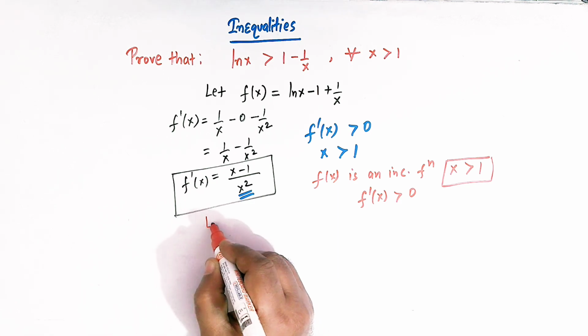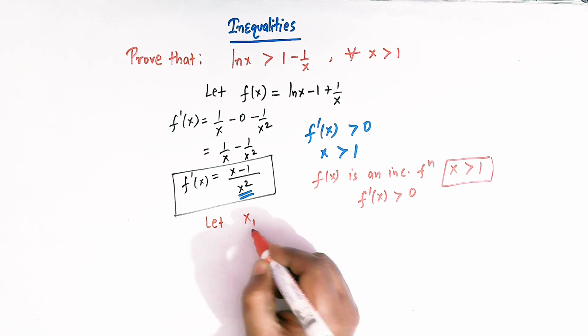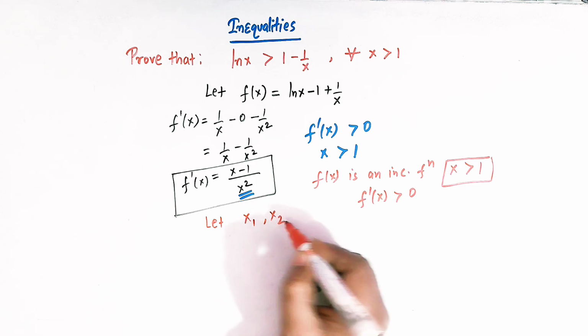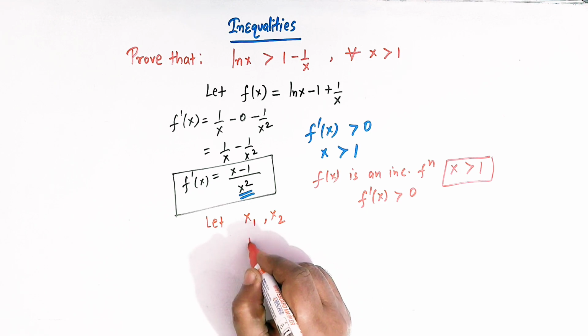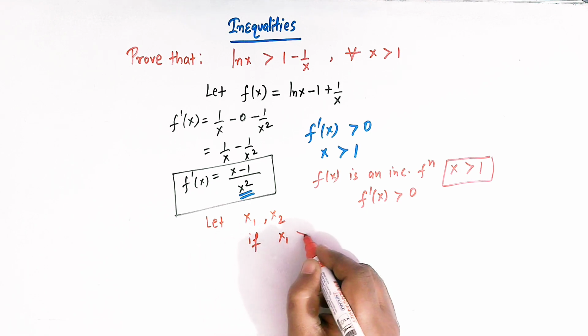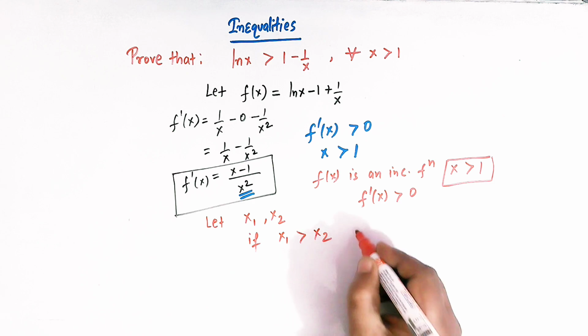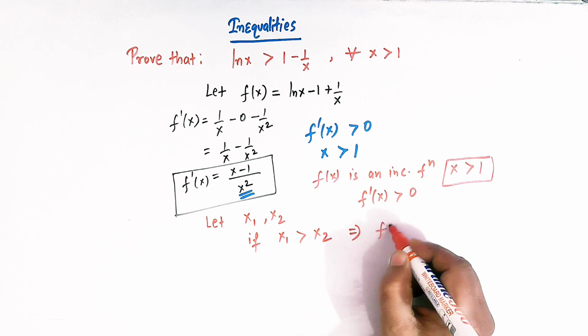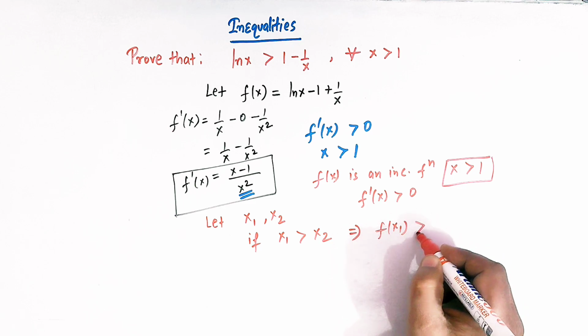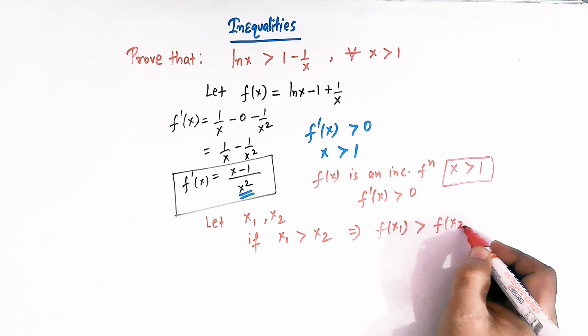If we have 2 points x1 and x2 in the domain of the function f of x, and x1 is greater than x2, then the function is said to be increasing if f of x1 is also greater than f of x2.